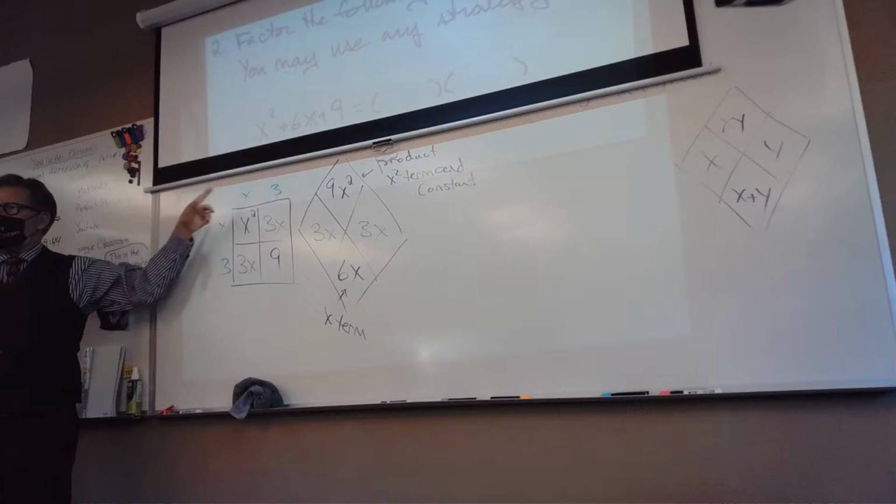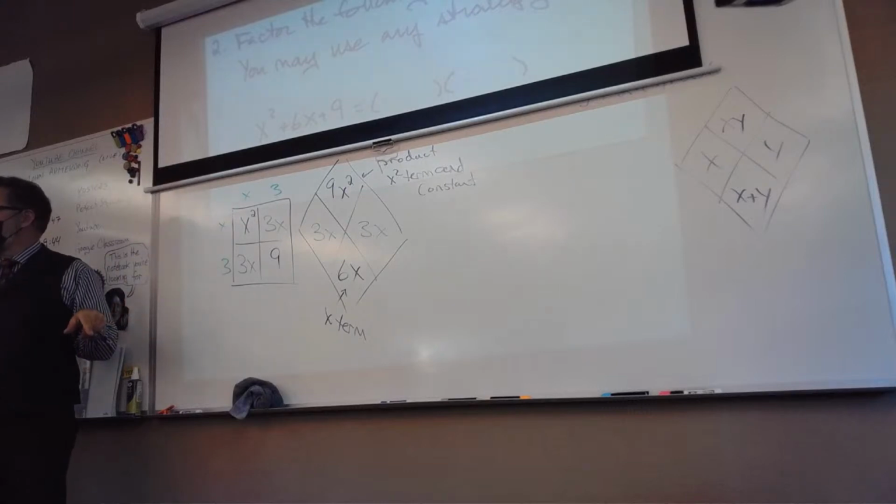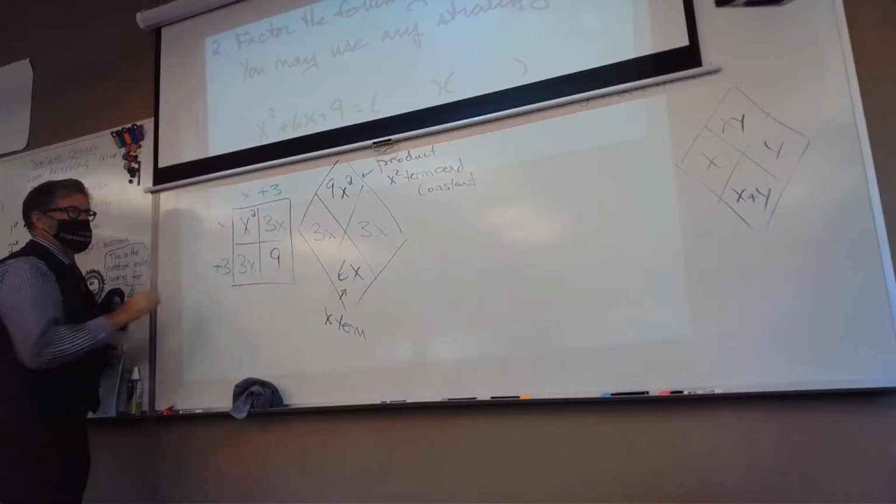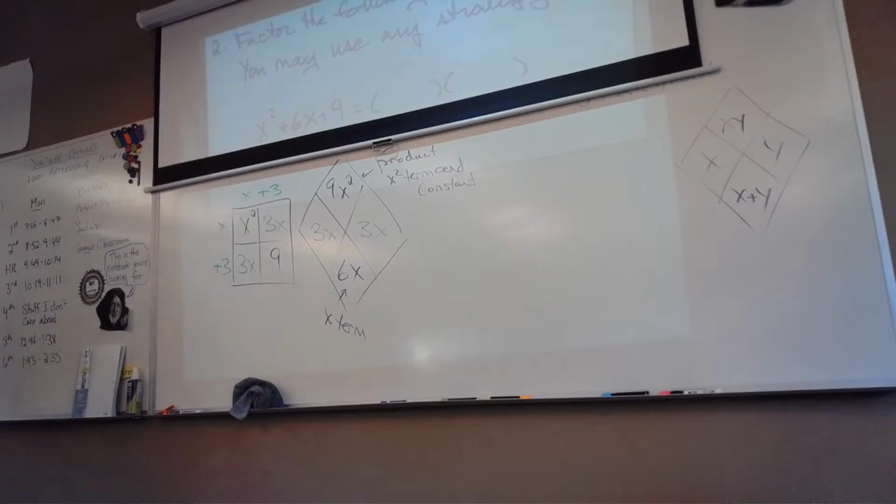Also, I wouldn't write x3 and x3, because if you put a sign right here, plus 3 and plus 3, I feel like it makes it easier to then say, what plugs into my parentheses? People get a little bit confused sometimes. They've got x3 and x3, so they put x comma 3 and x comma 3 in their parentheses, which of course isn't factored, it's just numbers and letters.